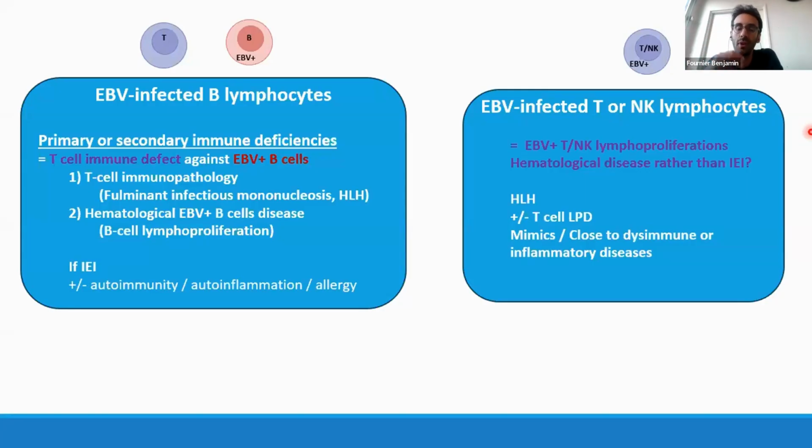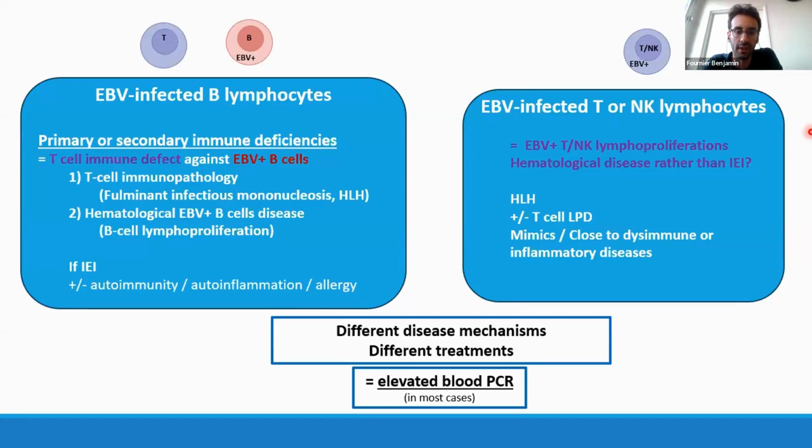And the clinical phenotypes of the patient will be HLH, more or less T-cell lymphoproliferative disease, and in some patients who have T or NK cell CAEBV, chronic active EBV infection, these patients may present with disease that looks like dysimmune or inflammatory disease. So in both subsets, you have in most cases elevated blood PCR, but there are different disease mechanisms, and it means that the treatment will be different.